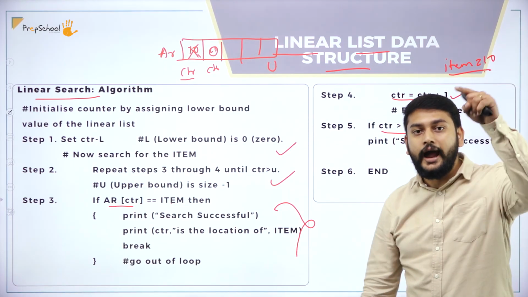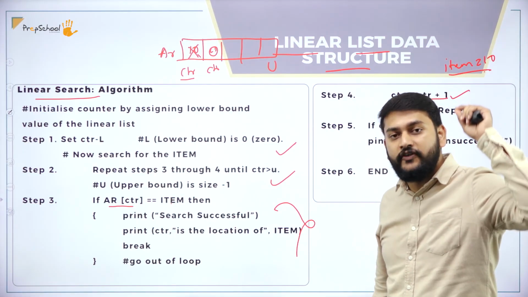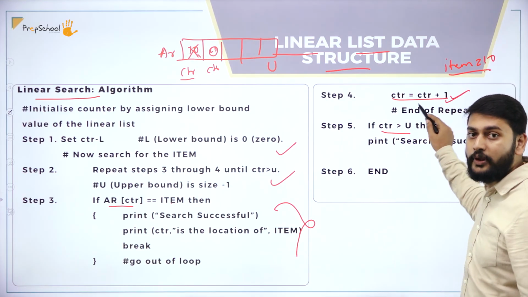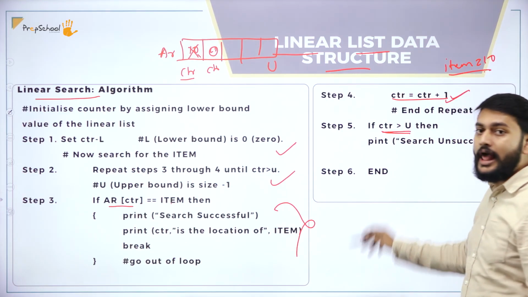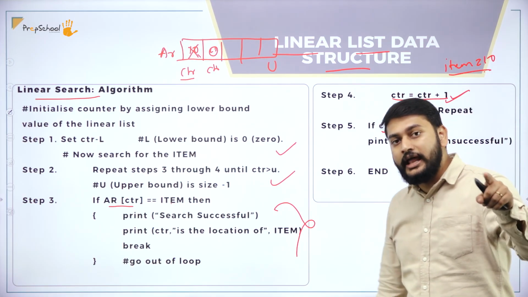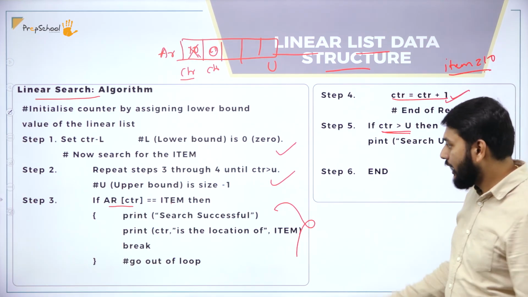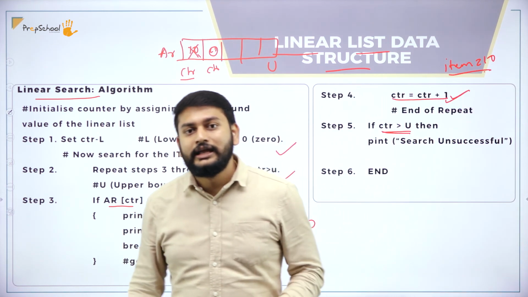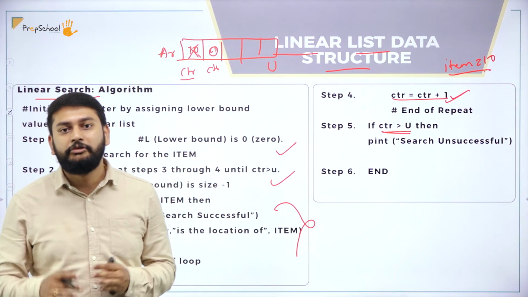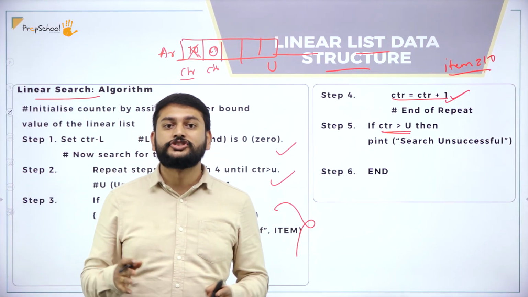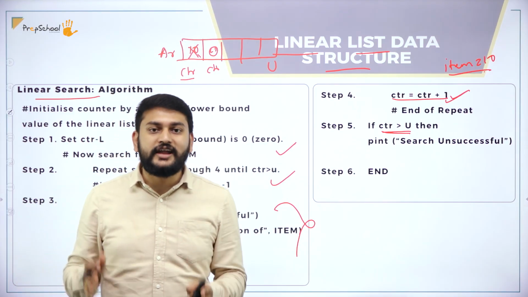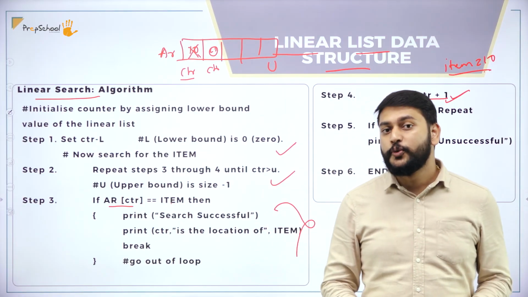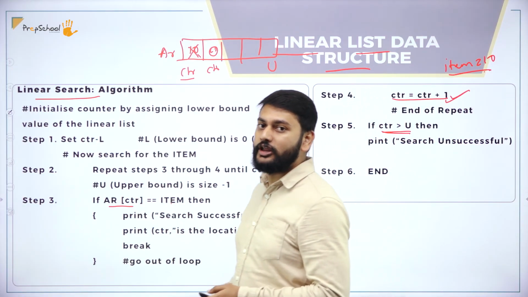If there is no match, this will be skipped again, the increment will happen, and CTR is compared with U again. If it is not greater, this will be repeated. Like this, until it reaches the last element, it will keep checking if the element is not matched. If it finds the element, it will break right there and come out of the loop. This is how linear search works.